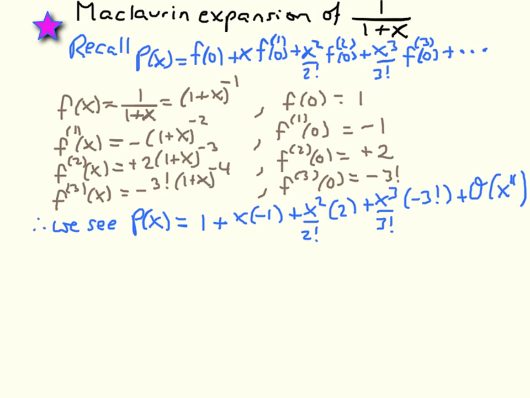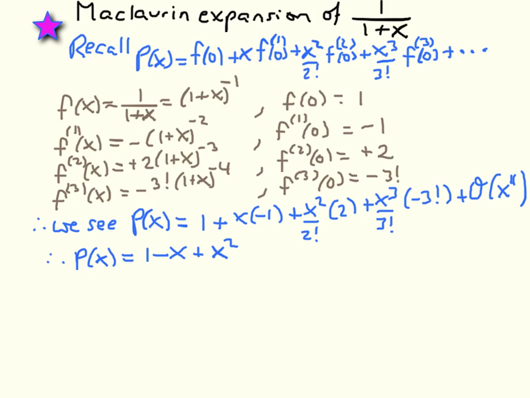So if we now just tidy this up a little bit, what we see is that the Maclaurin polynomial is 1 minus x because of this. Here this and this cancel, so we have plus x squared.